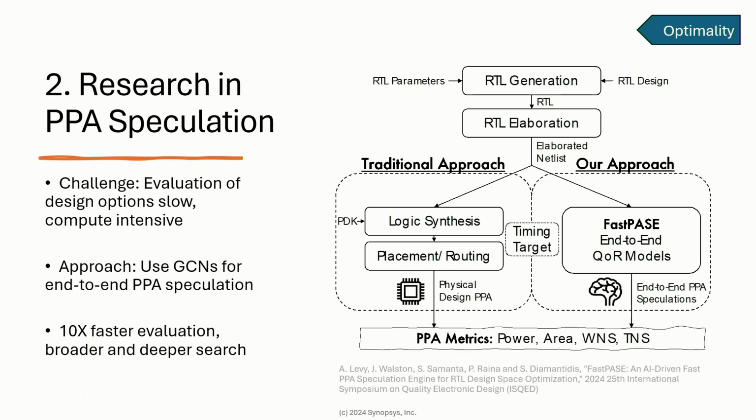Another vector is in the optimality, and this is to evaluate the quality of the different options that you provide. And here we see some very interesting things that we've been able to achieve with graph neural networks, graph convolutional networks, and upcoming new capabilities in the transformer space.